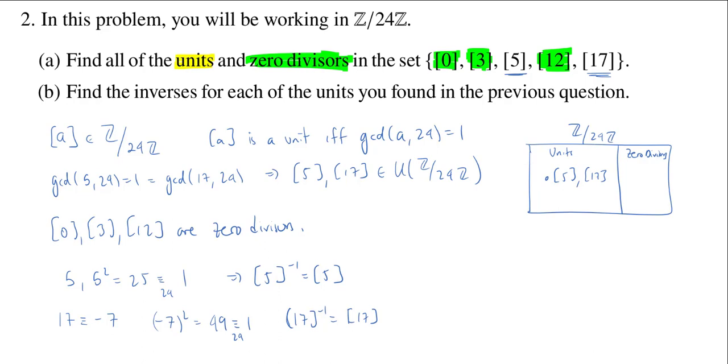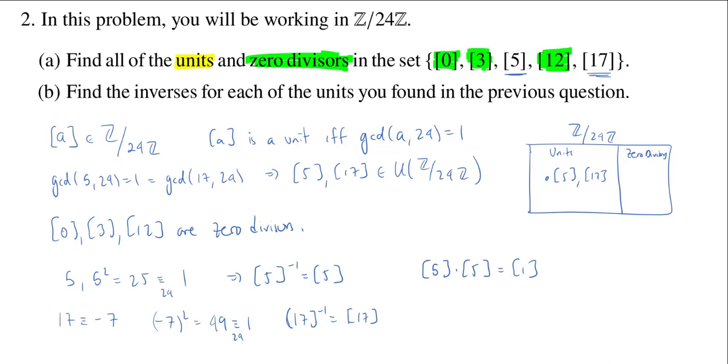Okay. In case this is going a little fast here at the end, how do I get from the square to the inverse? Let's recall, what does it mean to be the inverse? It's what you have to multiply by to get back to 1. So in the first instance, we had 5 by 5. 5 squared is going to be equal to 1, modulo 24.